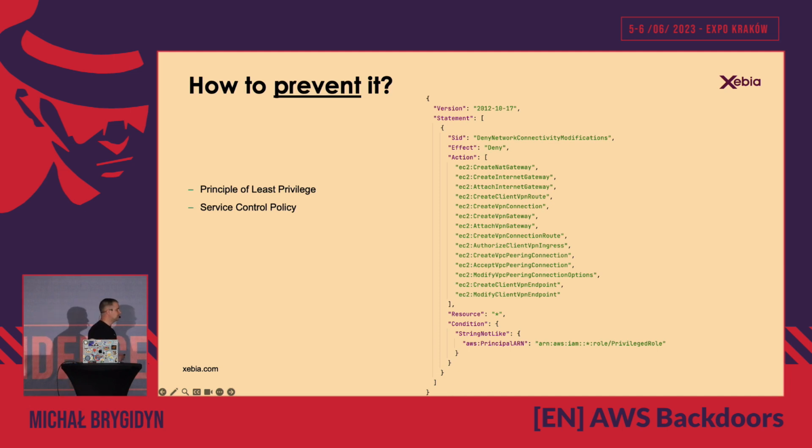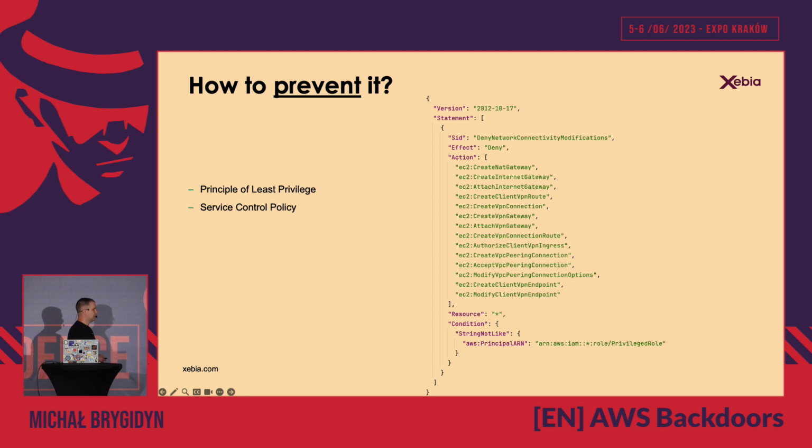But we can easily prevent all these modifications in networking, because usually when you have a big infrastructure, you have a different team running networking, and they don't do changes very often. So if they don't do changes very often, you don't want any user, any administrator user, to modify your network-related endpoints.